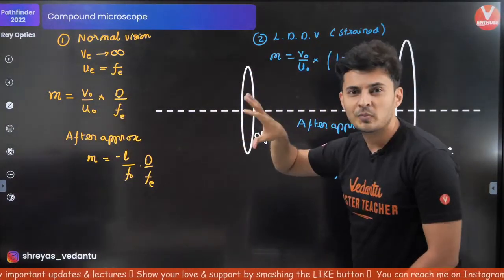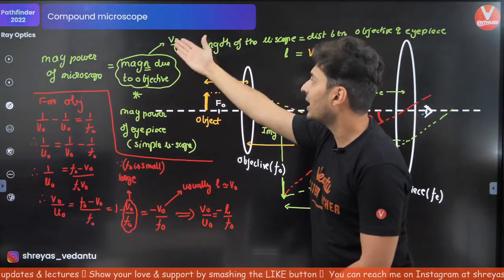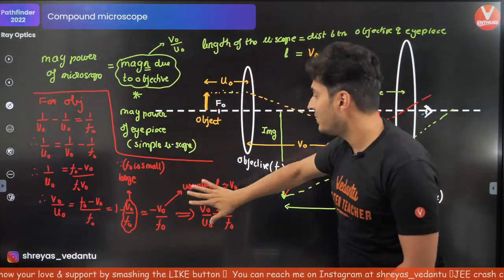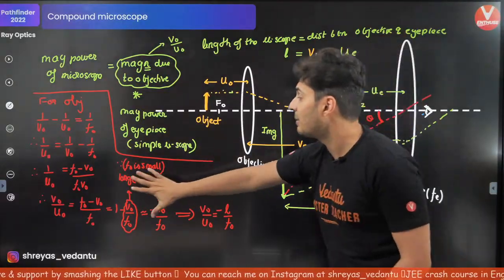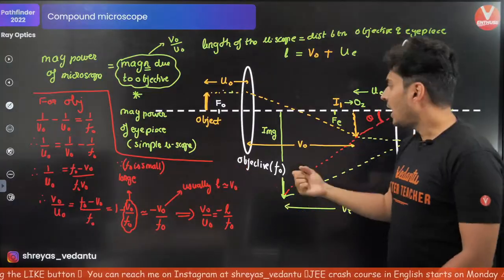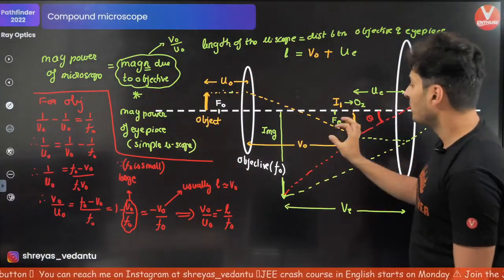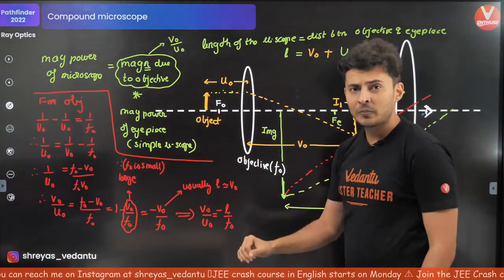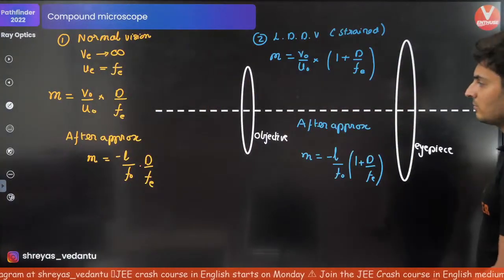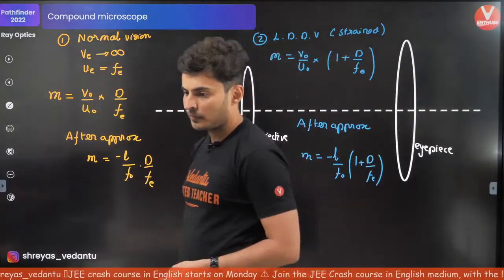It is V by U, your normal magnification for any lens. And only when you use the approximation which I have done over here, where the objective is very small and the length is almost the same as VO, you will get this ratio as minus L by F naught. That's all you need to know.